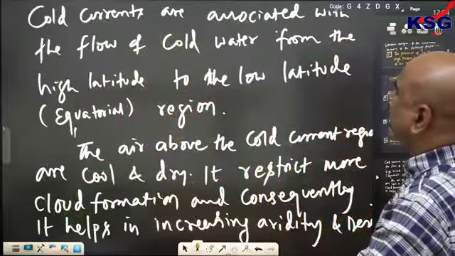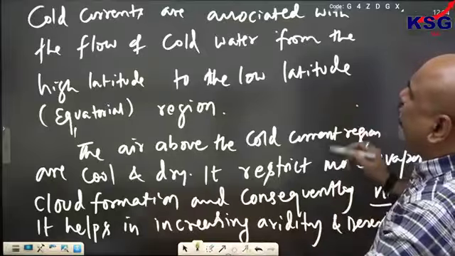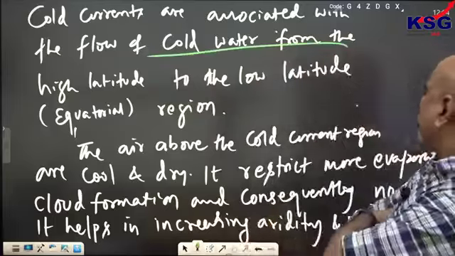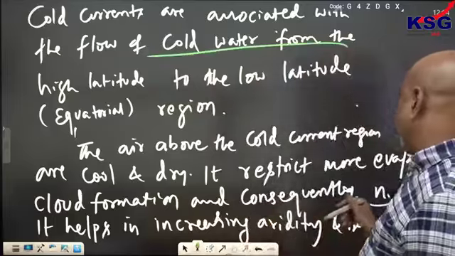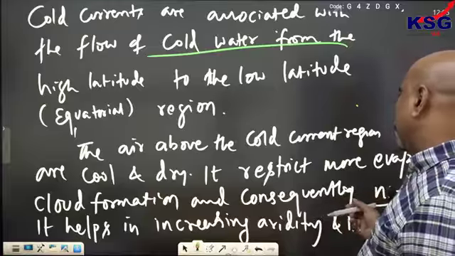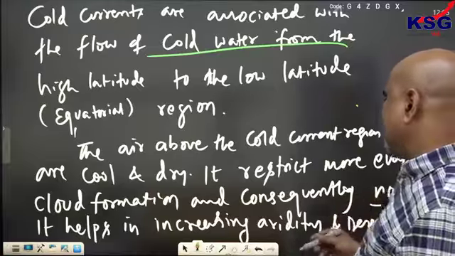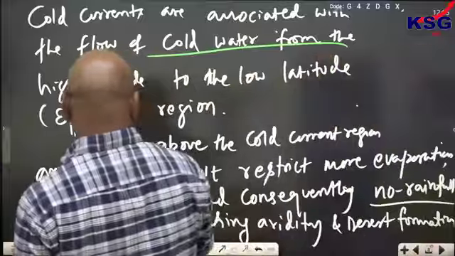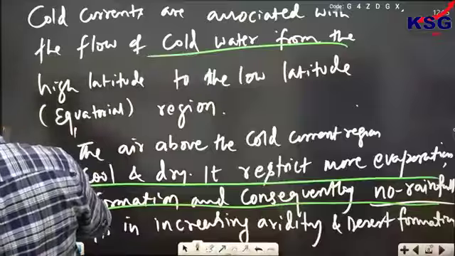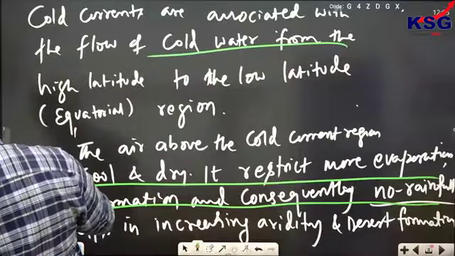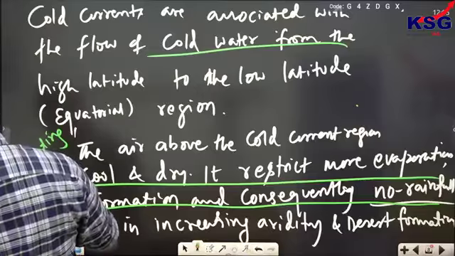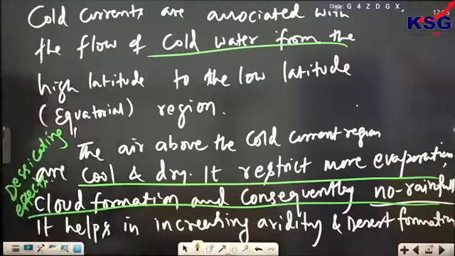So as I said, cold currents are associated with the flow of cold water from high latitude to low latitude. The air above the cold currents is cool and dry. It restricts evaporation and cloud formation, so no rainfall takes place.